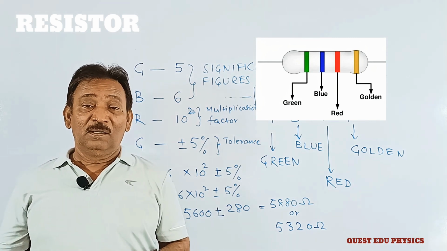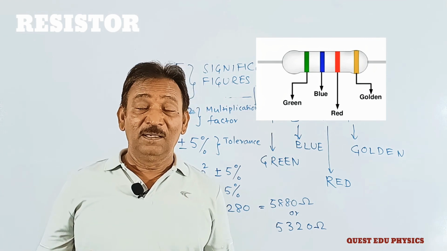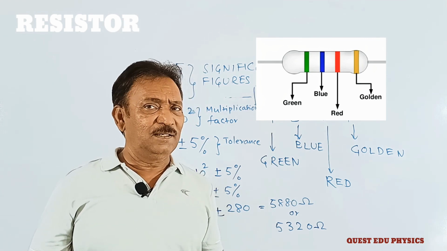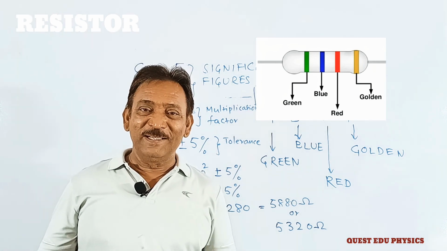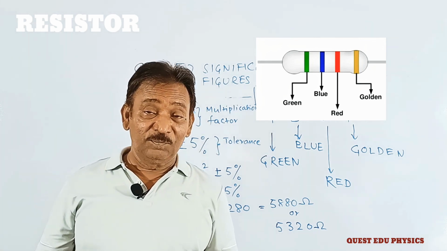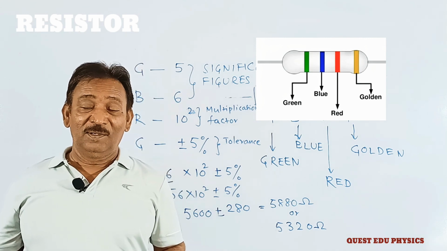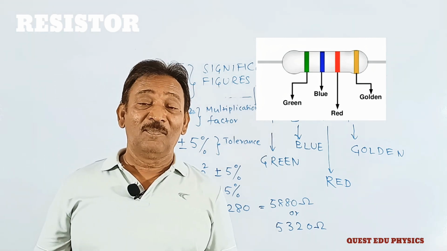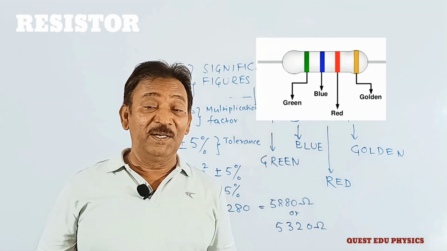The ability of resisting the current is called the resistance, which is measured in ohm. Ohm is the SI unit of resistance, named after the German scientist Georg Ohm, a great physicist and also a great mathematician.